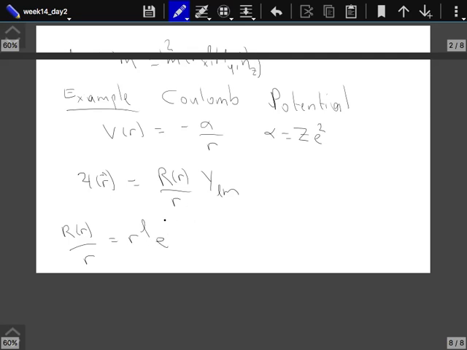It should go like e to the power minus r over a0 for some number a0, which is written in terms of these coefficients, and then you have some function omega of r. And then you try to determine what these possible values of omega are.